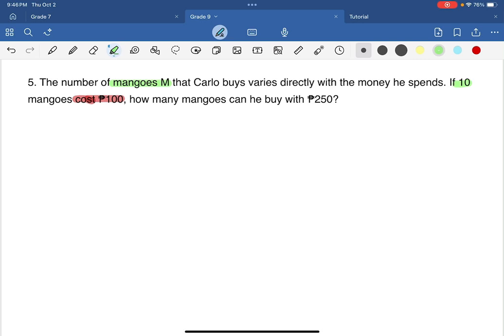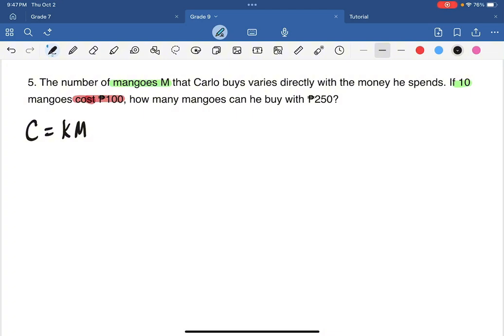So we could write it this way, having the form of, again, C, or the cost is dependent on the number of mangoes being bought. So we have here C equals KM.